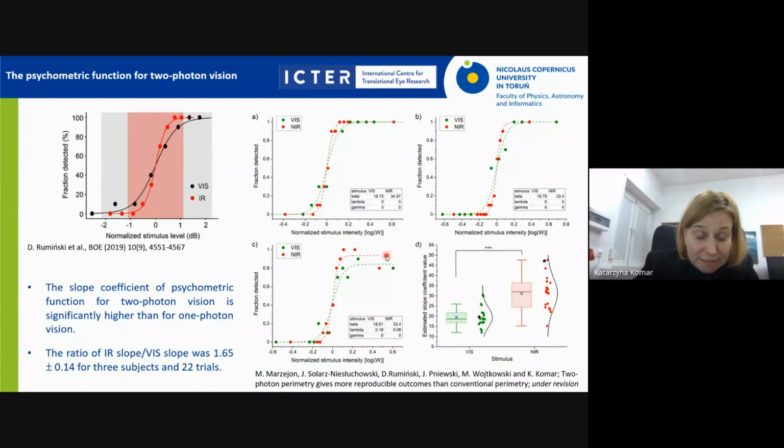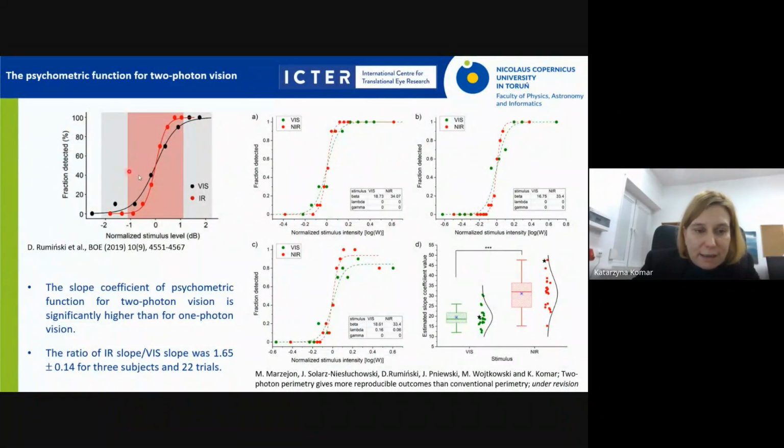And what we found is that the beta, this slope of the psychometric function, is significantly higher for 2-photon vision in comparison to 1-photon vision. The ratio of these slopes was 1.65 for these 3 subjects.